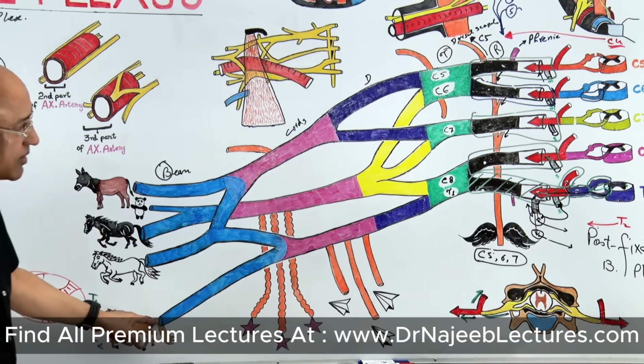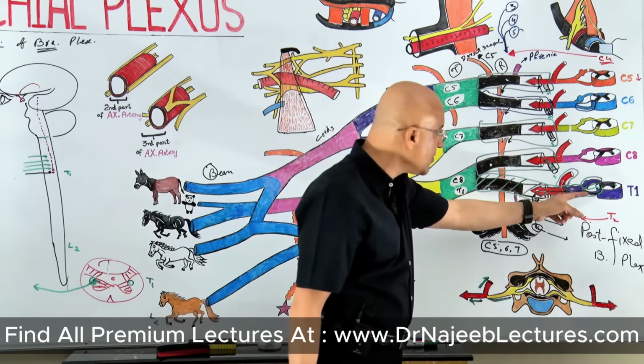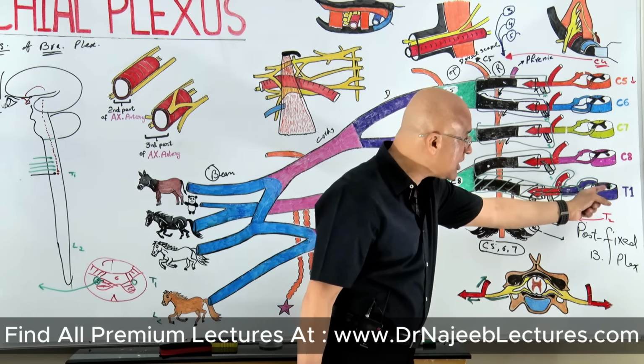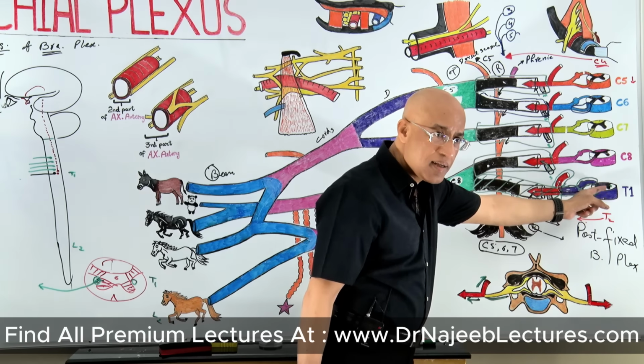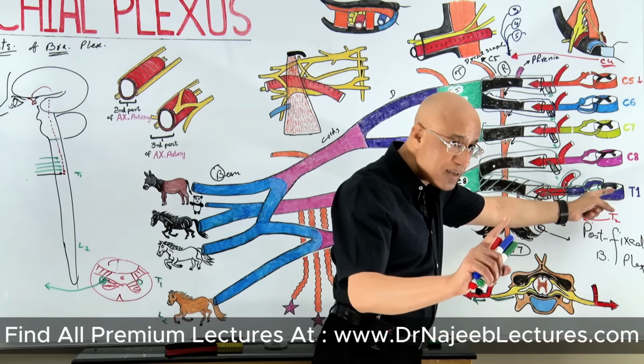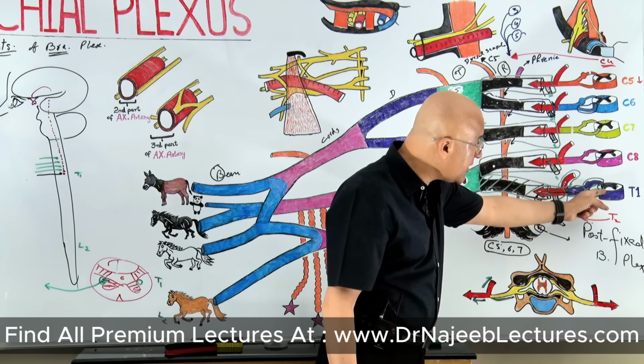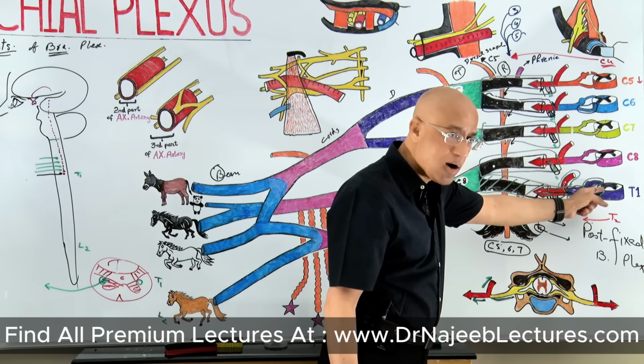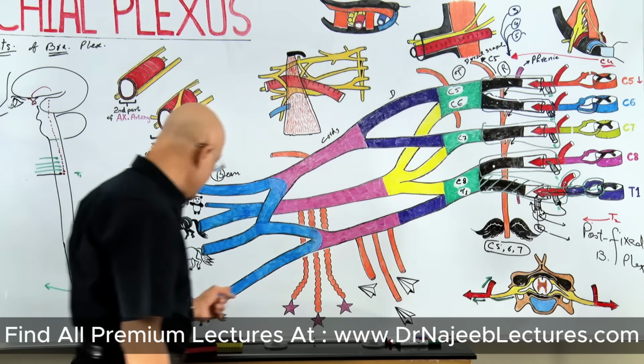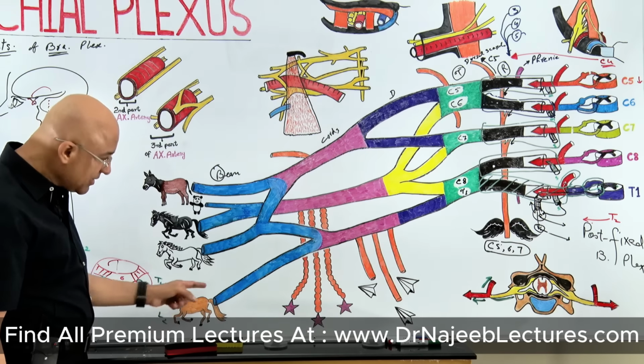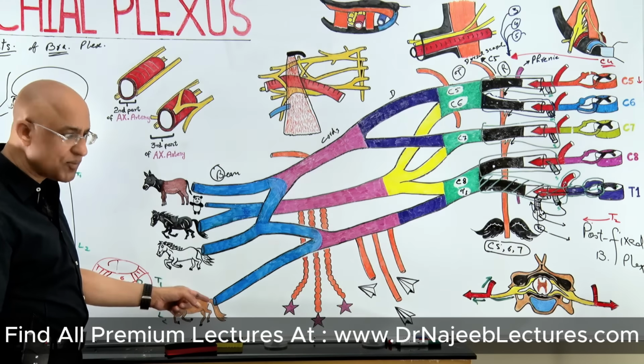Now, this terminal branch must be receiving, what is this? T1 segment anterior horn motor fibers. And this branch, actually this is ulnar nerve.